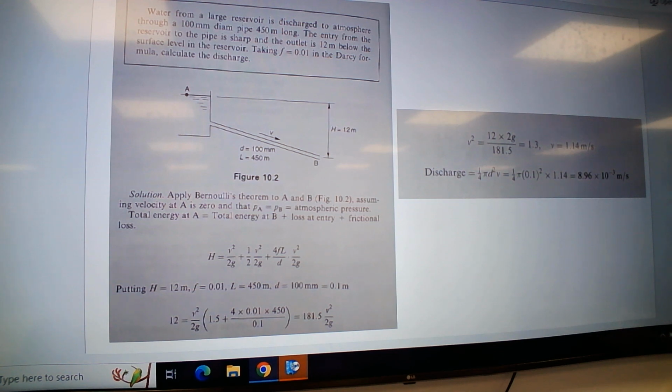Now in this formula, the H value is 12, the f value is 0.1, the length is 450, the D is 100 millimeter. Make sure we convert that one, and we will get a value for the V.